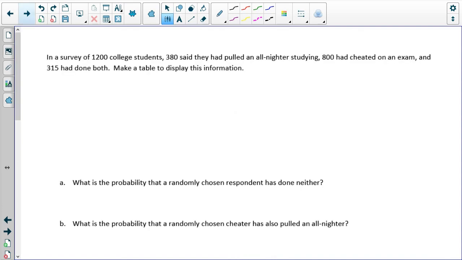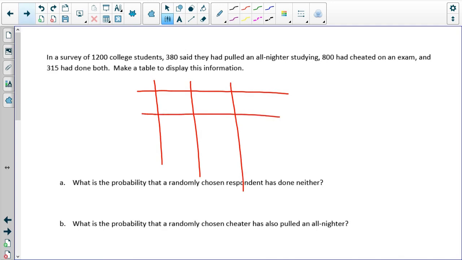In a survey of 1,200 college students, notice that we're given counts. So since we're given counts, I can make a table. So we have all-nighters and not all-nighters. We have cheating and not cheating. So we have 1,200 total.